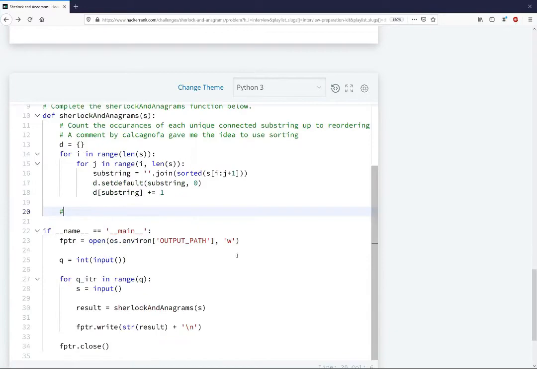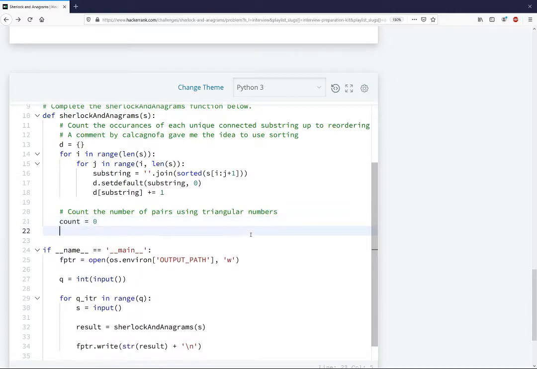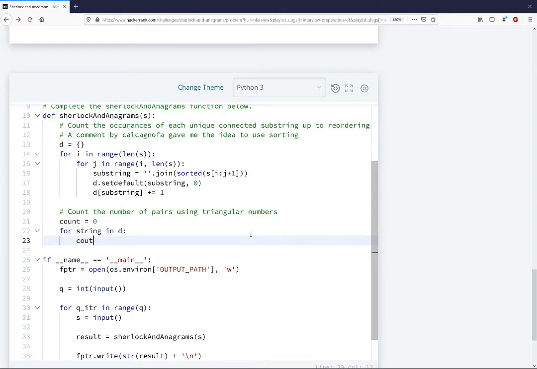So let's count the number of pairs using triangular numbers. We're going to start with our count at 0. And then for each string in our dictionary, we're going to take count and add on.